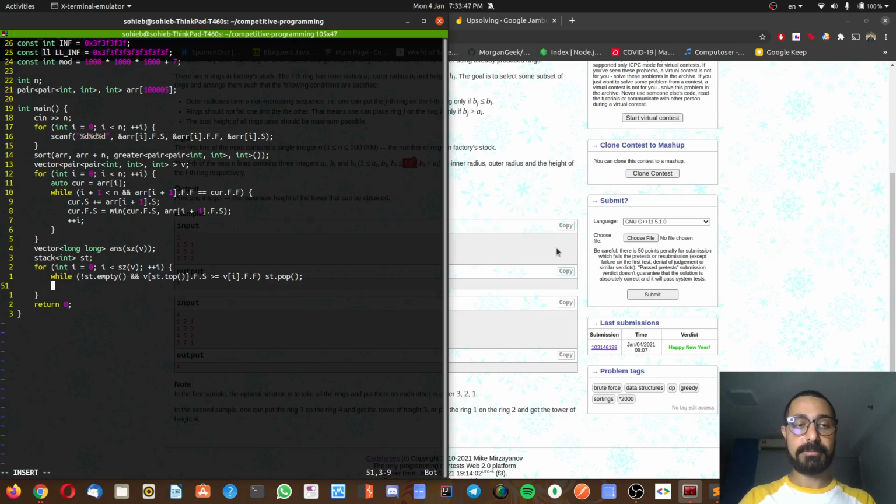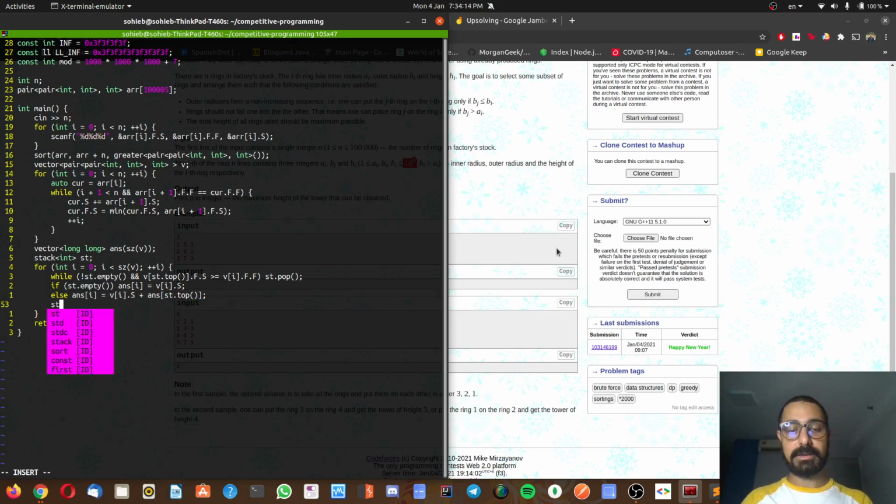Once this loop terminates, if the stack is empty, there is no previous ring, so the answer for my current ring will be just this ring, so answer of I will be v of I second, which is the height of the current ring. Otherwise, the answer of I will be same height plus answer of st top.